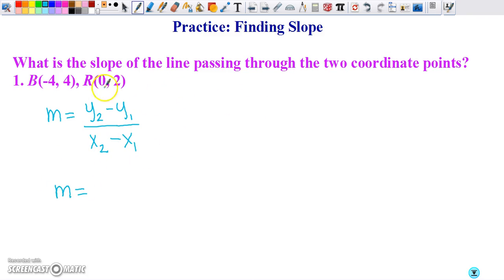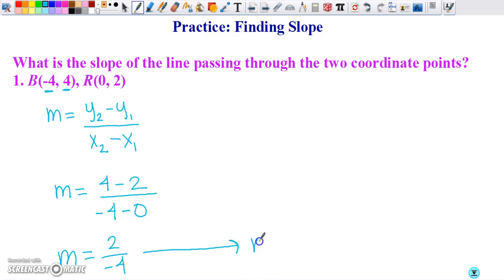So we take our y2, it doesn't matter which one you use, so you can do 4 minus 2 divided by, but since I used 4 first, I have to use -4 first on the bottom, minus 0. So we end up with m equals 2 divided by a -4, and always simplify as much as you possibly can. In this case, it simplifies to a -1/2.